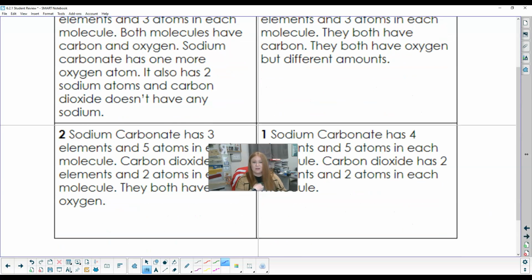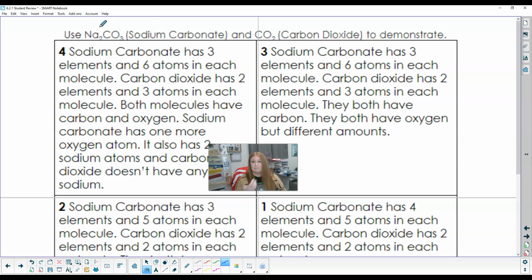So first, let's actually know what our answers are. So Na2CO3: I can see Na has one element, and then a C and an O. So it has 3 elements, and it has 2 of these, 1 of these, and 3 of these.